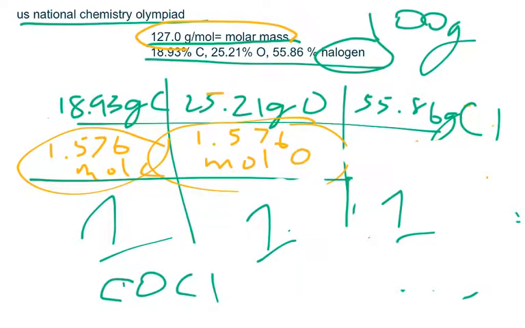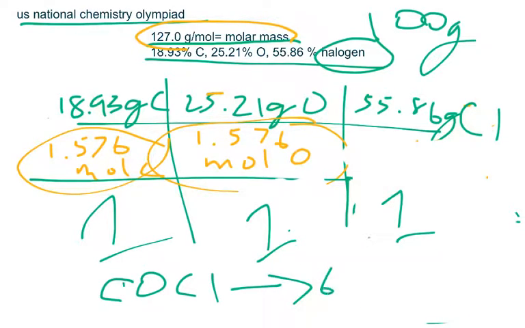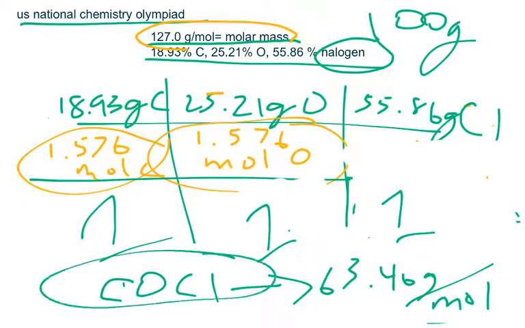So we need to find the molar mass of this. This will just be 12.01 plus 16.00 plus 35.45. In our calculator, we get a molar mass of 63.46 grams per mole.